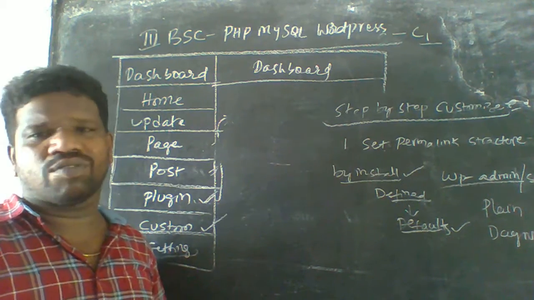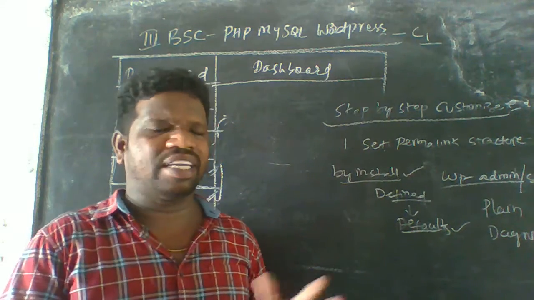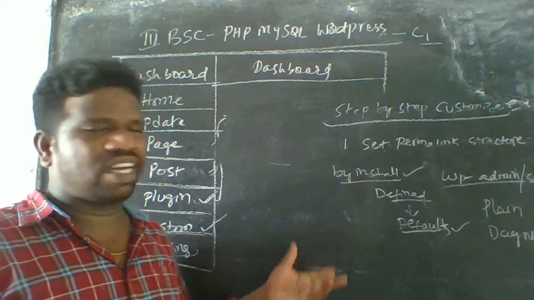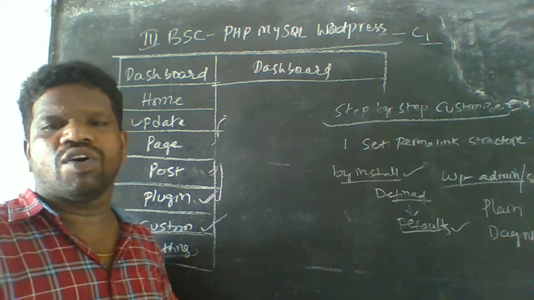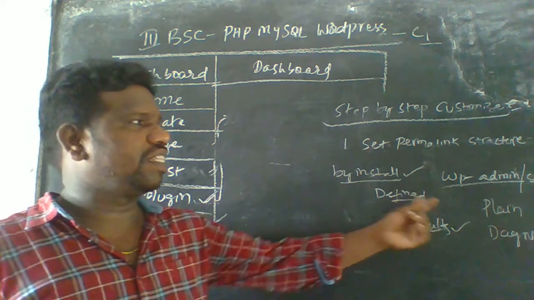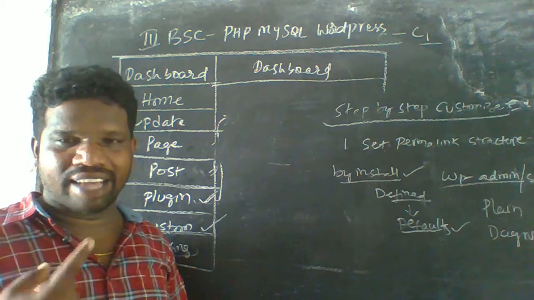We have to use these custom settings and change the settings to make sure the site is visible to Google. This is a quick check but very important. If you want your website to rank in Google for any keyword, you have to go to your web admin settings and permalinks.